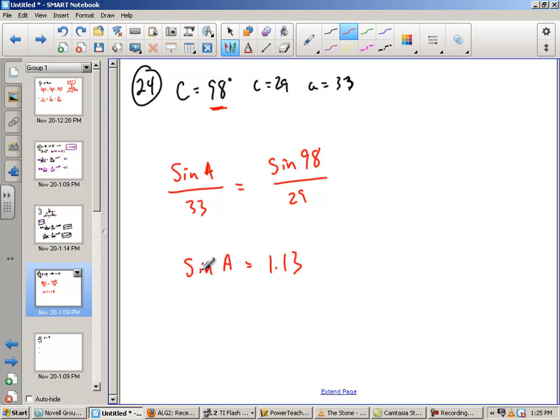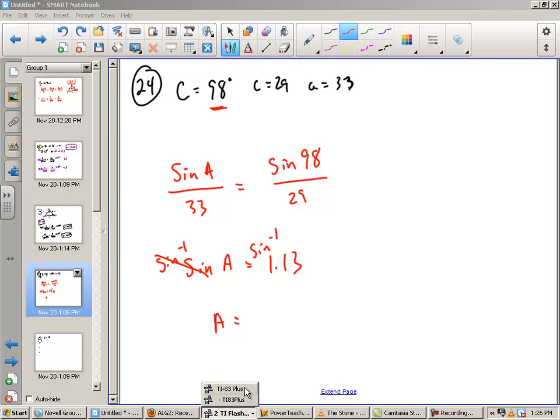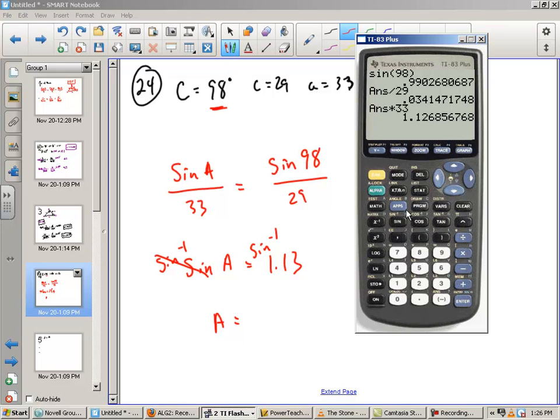Well, now I need to get rid of the sine, so I have A by itself. So I'll use sine inverse. And A equals, let's find out. Grab that calculator back out. We're going to take sine inverse of our answer. And we hit enter. And it says there's a domain error. That answer was 1.13.